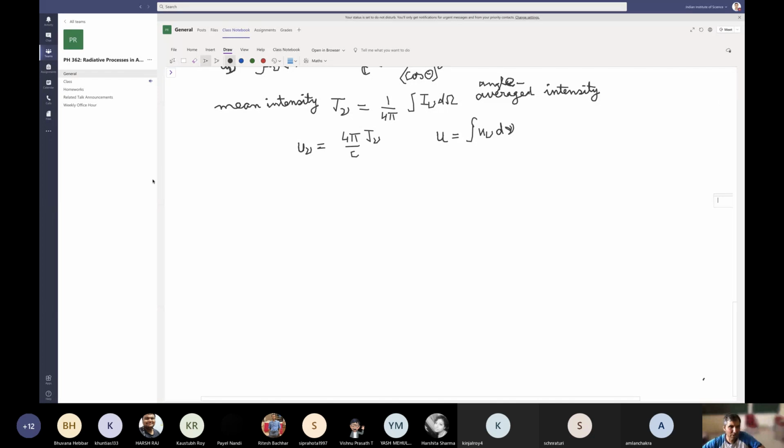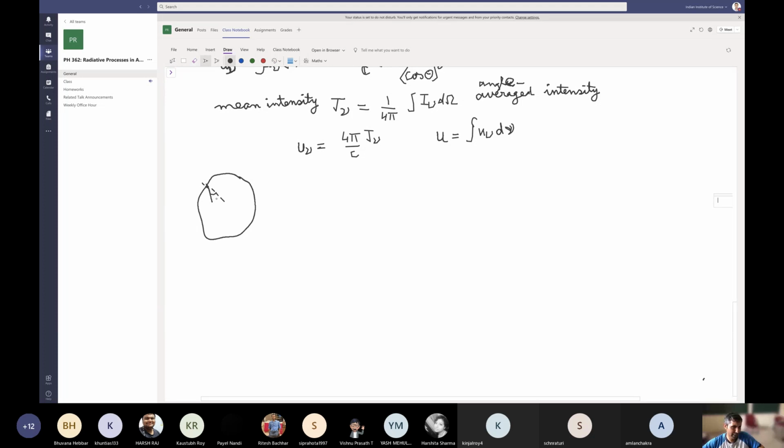Now we also define radiation pressure, but suppose you go to a traditional way of talking about pressure. Suppose you have an enclosure, and you have an isotropic source of photons. So you have photons hitting this enclosure at all points. Suppose you consider this point, you have a photon which hits it here.